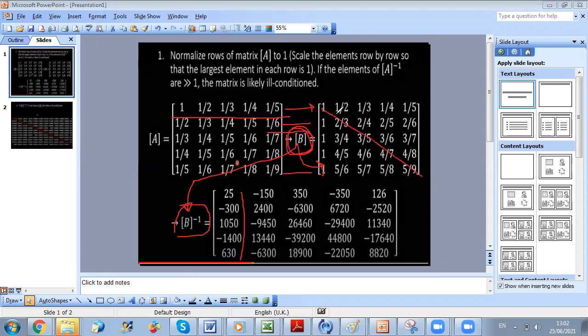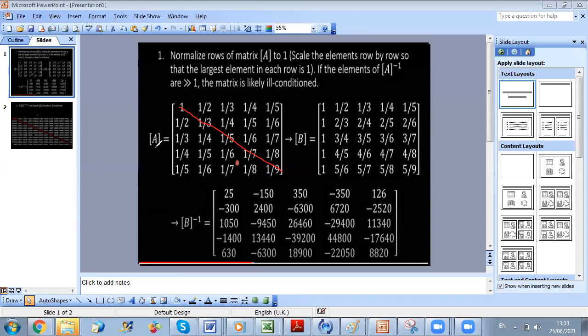After doing the scaling process you don't have symmetry, but before the scaling you had symmetry. And this is why it might be good not to use this method, and to use, for example, the second method of testing the ill-conditioning, which was to compute A times A minus 1.